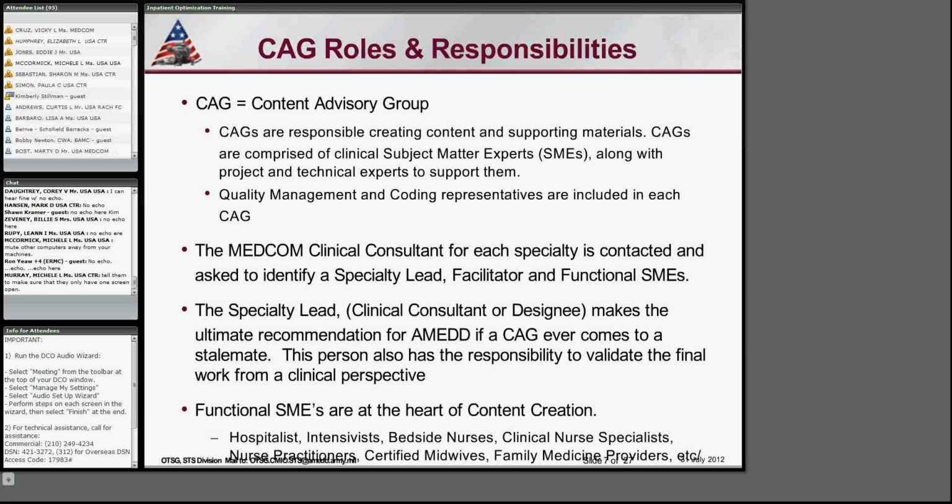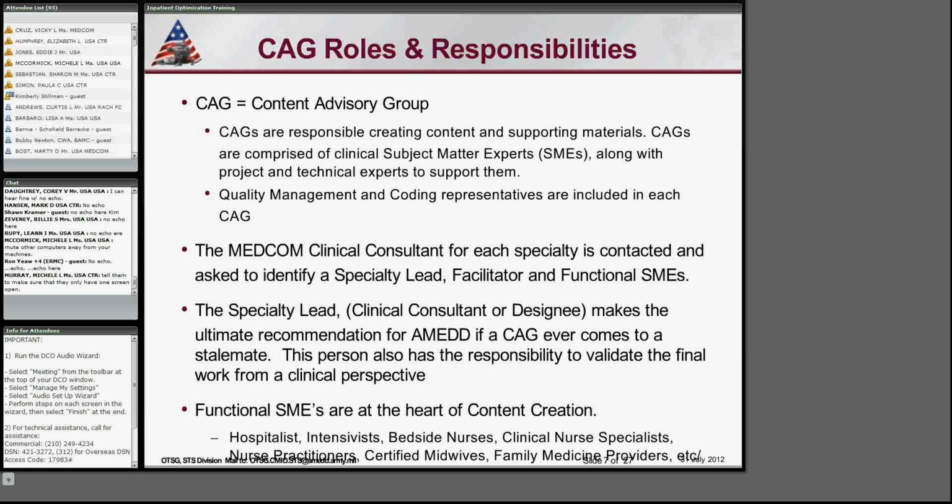So that facilitator can participate in our meetings on a regular basis as they keep the consultant informed about what's going on and make sure that everything the group is doing is in alignment with what the consultant has in mind as well. That team helps identify the functional SMEs from the facilities.